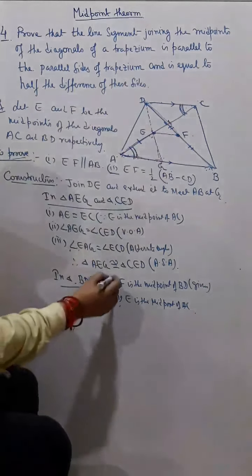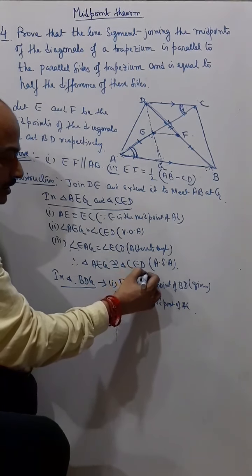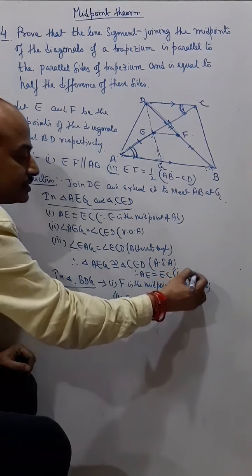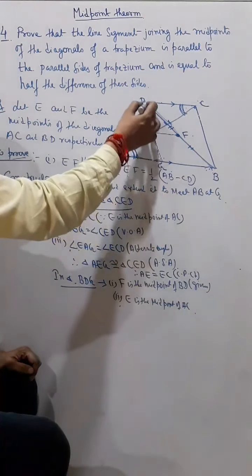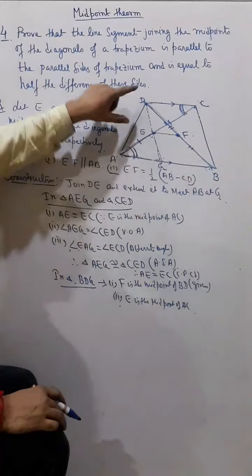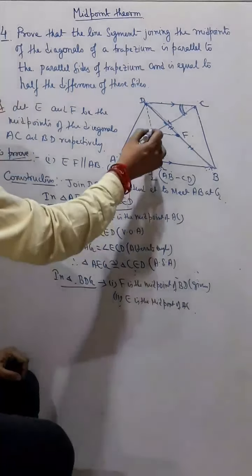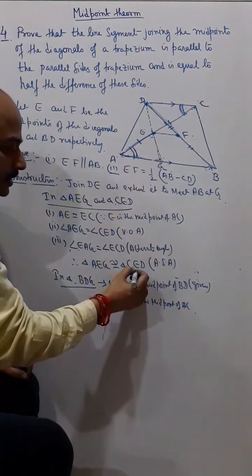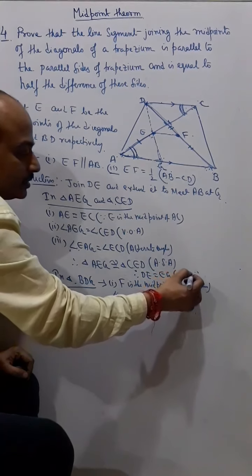So AE is equal to EC, and that is by CPCT. Therefore DE is equal to EG, by CPCT.